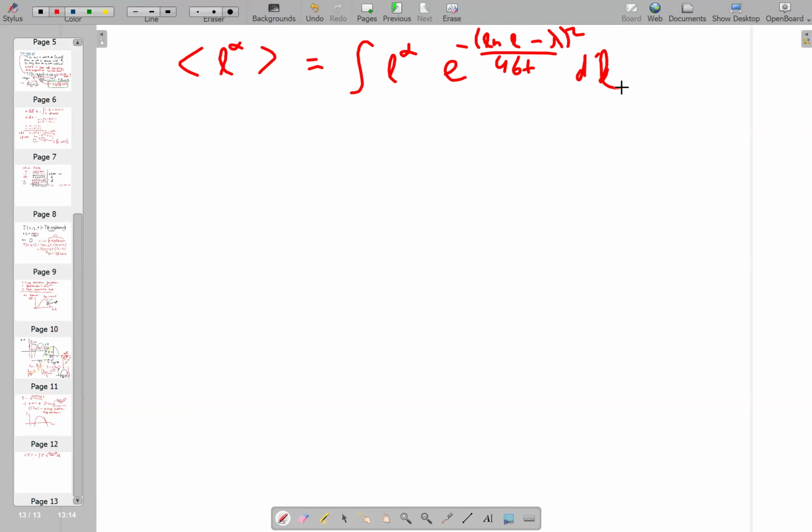And now let us show that if we take alpha equal to minus d, the dimension of the space, then this average value is conserved. So it appears that in 2D, L to the power of minus 2 is constant.